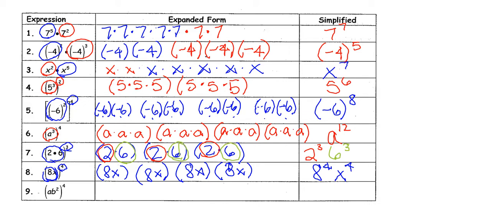And our last one, AB squared. Okay, so we have A times B times B. So remember, it's B squared, so we're going to write that in expanded form as B times B. And that's 1 time. We need to write that whole thing in parentheses 4 times.